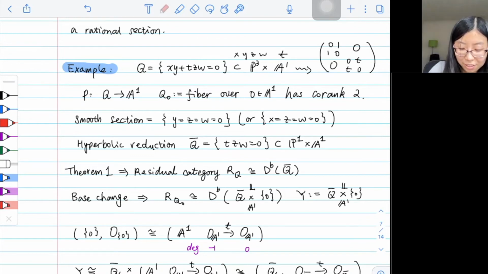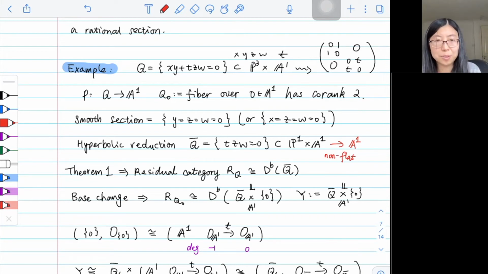So actually this is again a quadric bundle over A1, and you can see away from 0 it's a double cover, so it's a quadric bundle of relative dimension 0, and over 0 you get the fiber P1. So this is the non-flat quadric bundle that I said would appear.